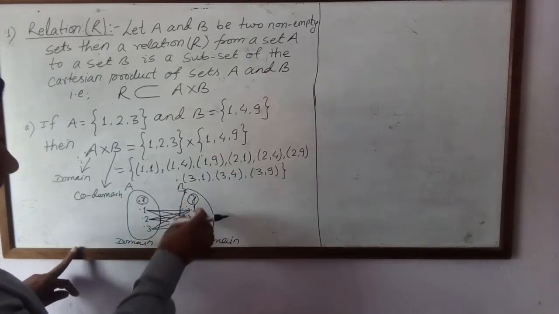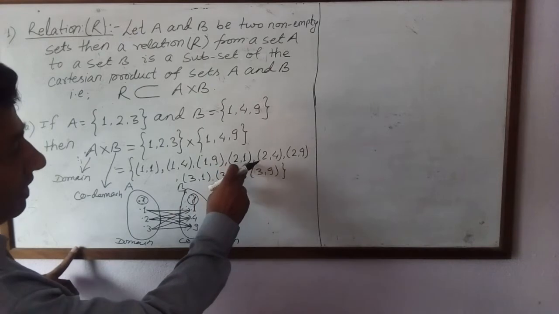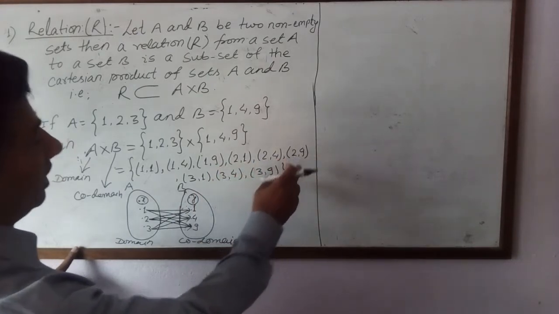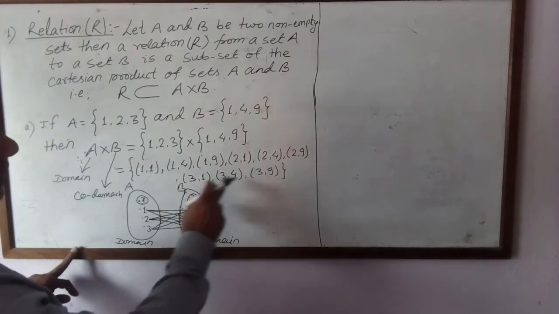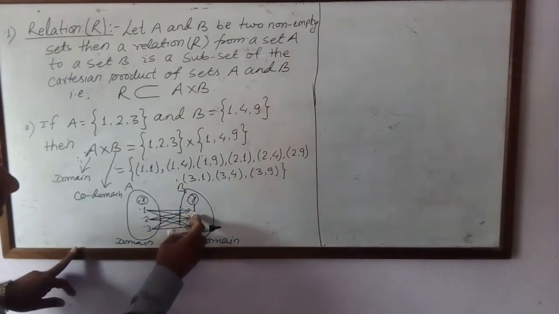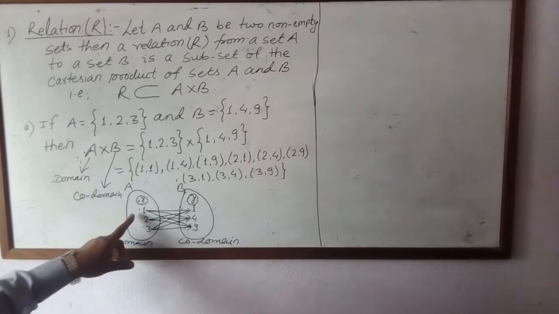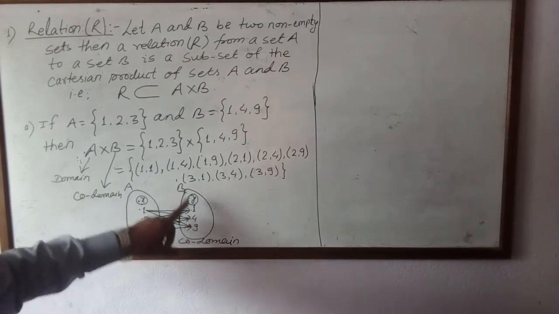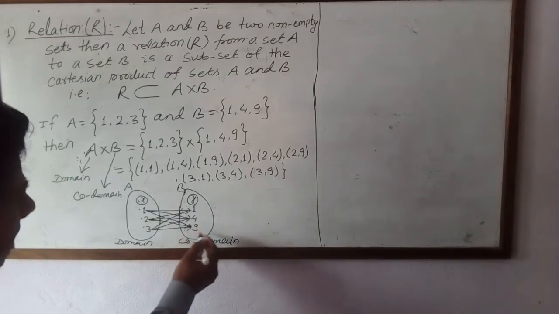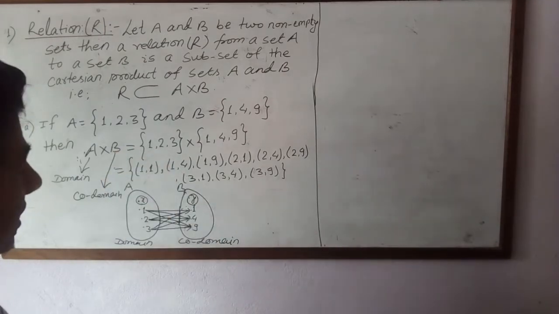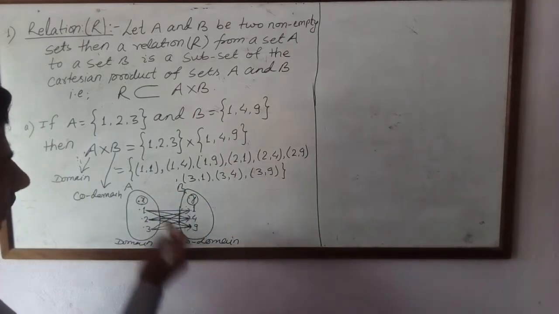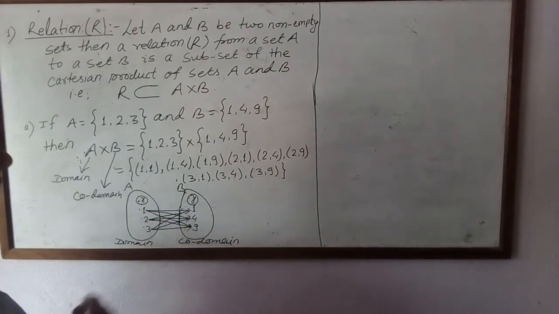Similarly, 2 has image 1, 4 and 9, and 3 also has images 1, 4, 9. It means 1, 4, 9 are images of 1, of 2 and of 3. This total set 1, 4, 9 is the codomain. Inside the codomain we have to find the image or range.